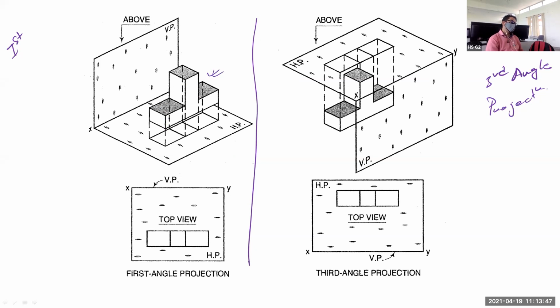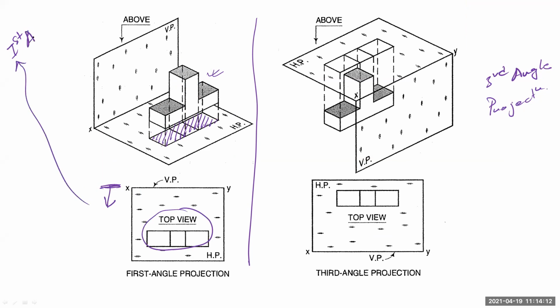The light rays are coming parallel and they are intersecting to get the projections of your top view like this, and it is on your horizontal plane, which is below your reference line. This is your reference line. So top view is below your reference line for your first angle projection method.